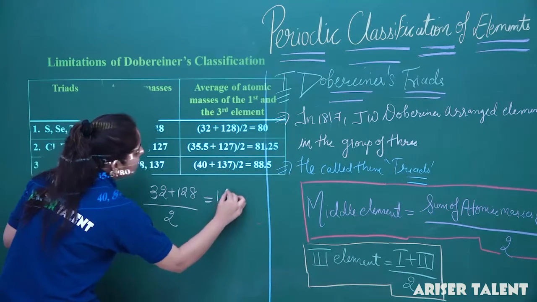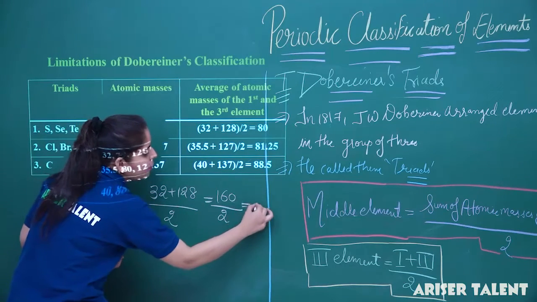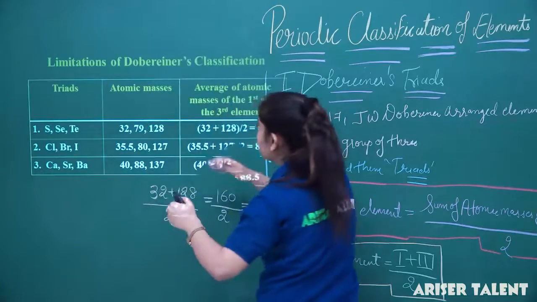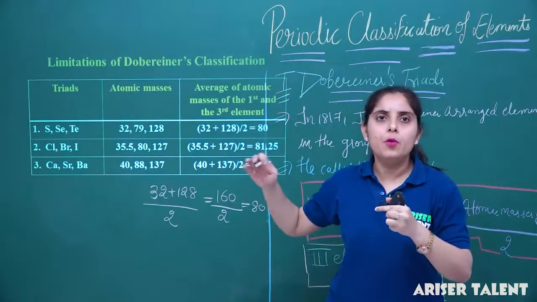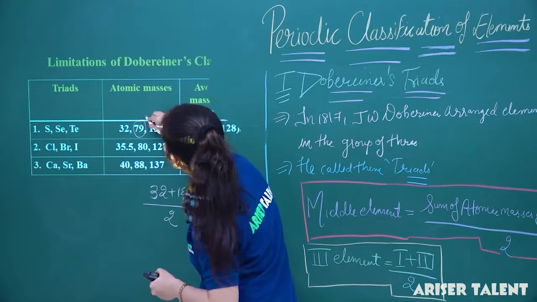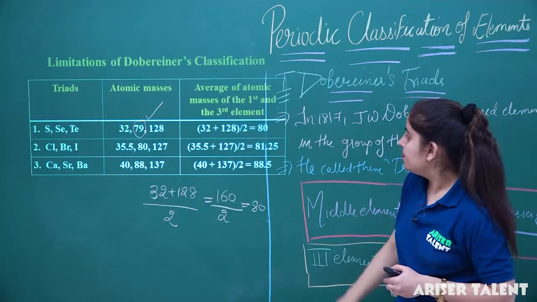What will be the sum? Sum will be 160. 160 when divided by 2 gives us 80. So you can see that 79 and 80 are similar nearby values. So this will be again applicable. So he has said that these triads are applicable.